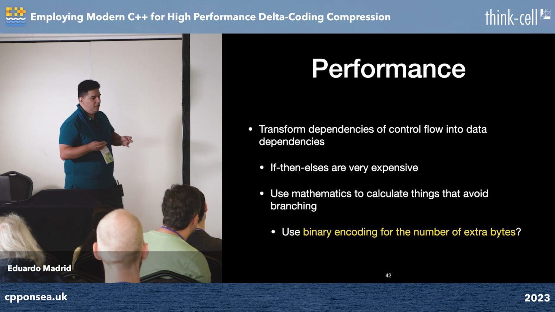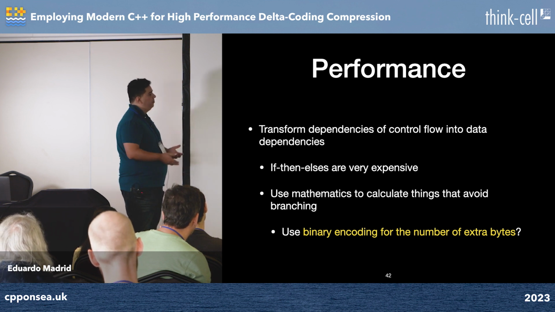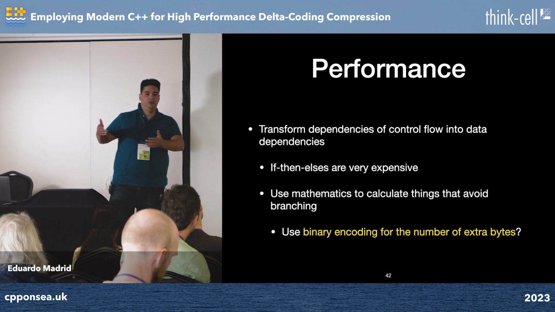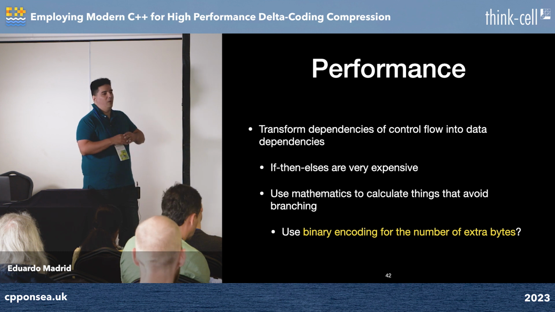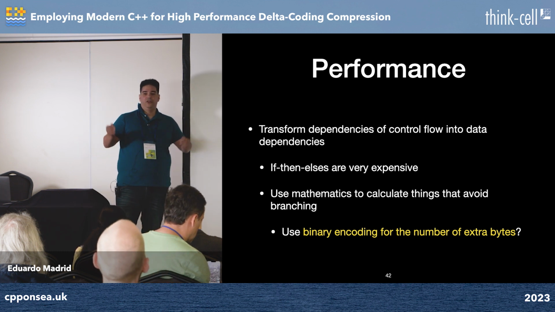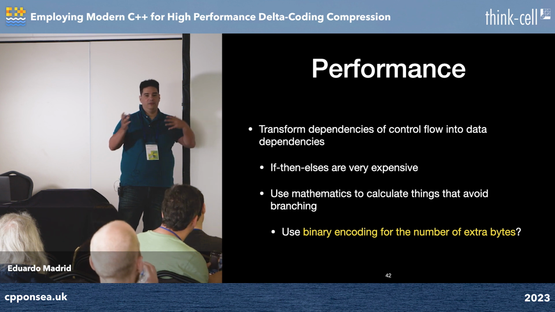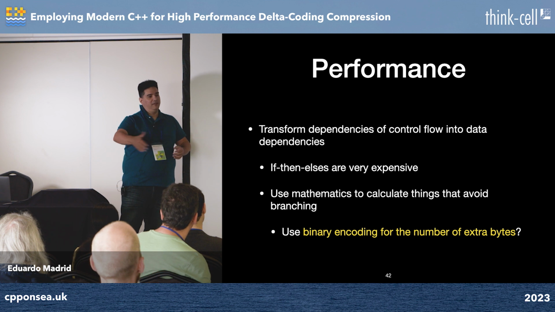The essence of performance in our day and age is to transform dependencies of control flow into data dependencies. What this means is to do whatever you can so that you don't run into if-then-elses, but do computations and mathematics so that you calculate things unconditionally.